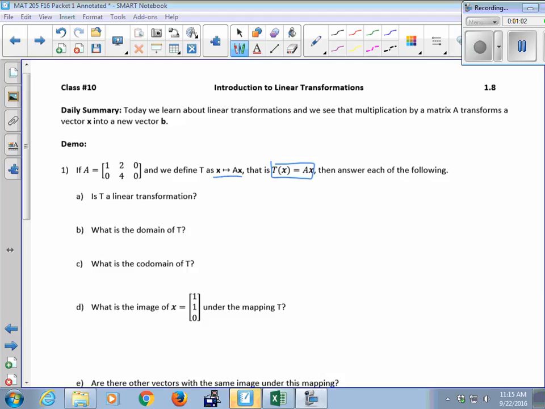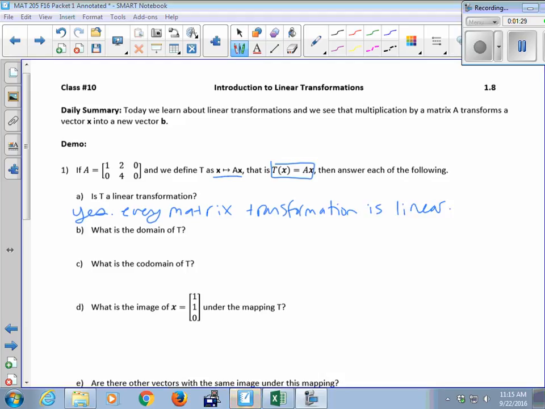All right, so is T a linear transformation? From the reading, the answer is yes, because every matrix transformation is a linear transformation. Every matrix transformation is linear.